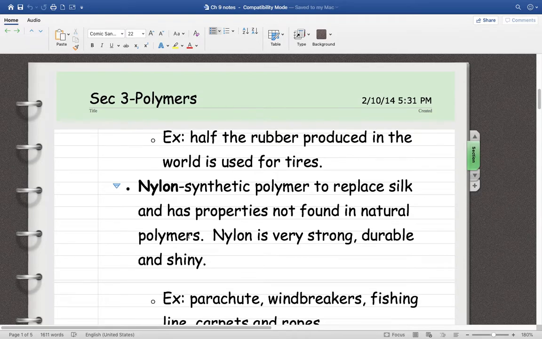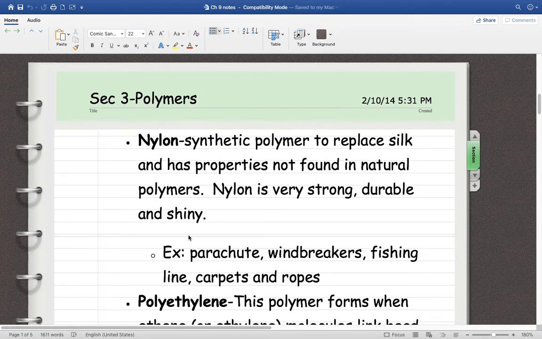The next one is nylon. A lot of you have those string backpacks. Those are nylon. You have windbreakers, those are nylon. So this is a synthetic polymer to replace silk, which was a natural polymer. It has properties not found in natural polymers. Silk is very nice. It's pretty strong, but it's not as strong as nylon, which is strong, durable, and shiny.